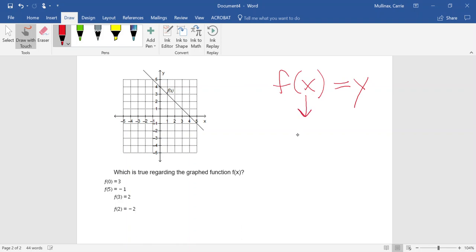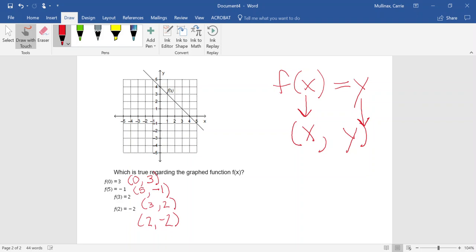Basically, that tells me that the number inside the parentheses is my x value, and the number that it is equal to is my y value. So I can write these as ordered pairs. Inside the parentheses, 0, and then equals 3 is my y. Inside the parentheses is 5, equals -1. 3, comma 2, and 2, comma -2.